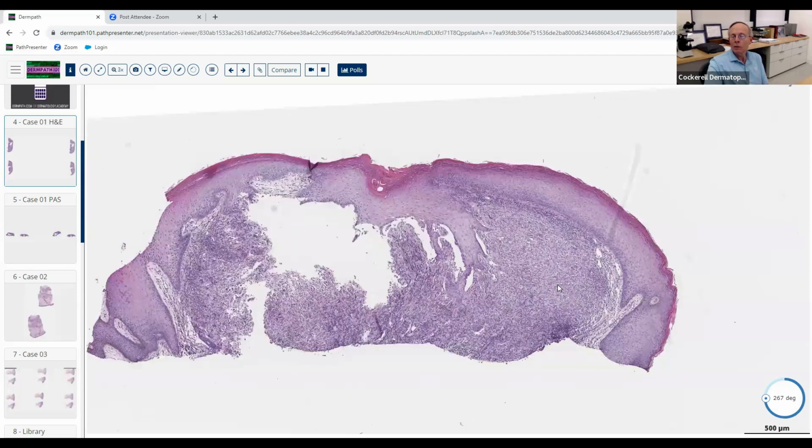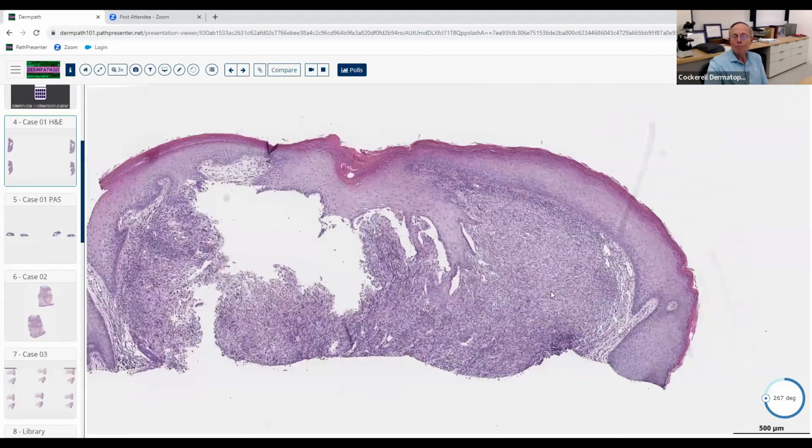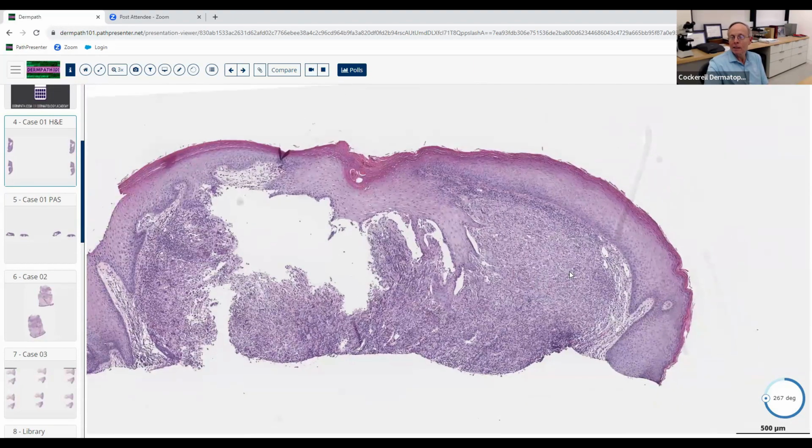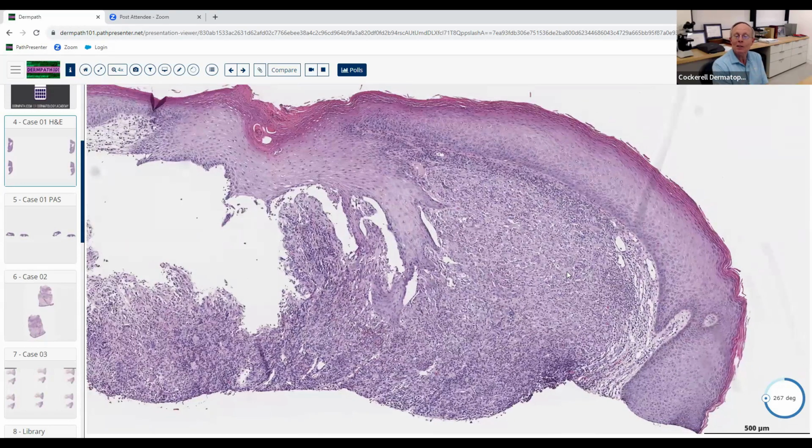Okay, good. Now there's several patterns of granulomatous inflammation. And this you may not know yet, but do you want to venture out and suggest some possible patterns of granulomatous inflammation that we see histologically?